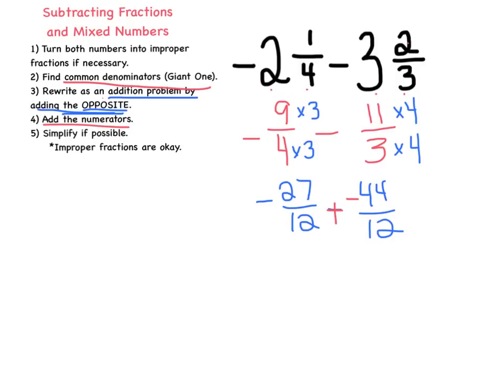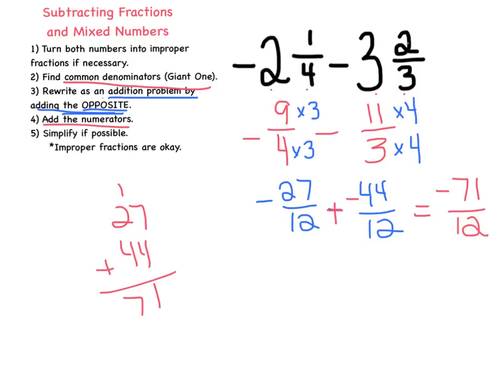So how many total negatives do I have here? You can do it off to the side, or you can use your calculator. We have 71, so negative 71 twelfths. And I know that there's no common factors in 71 or 12, so my answer is reduced, and I am good to move on to the next one.